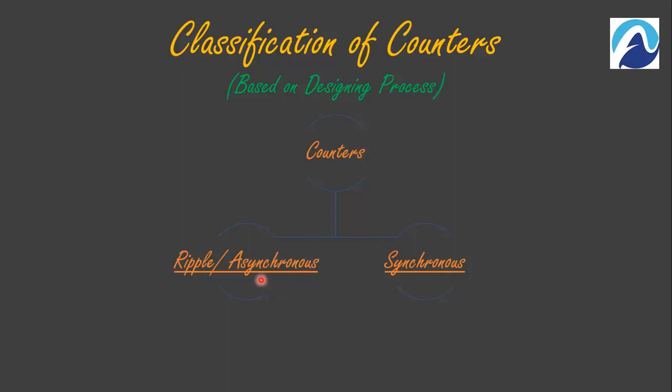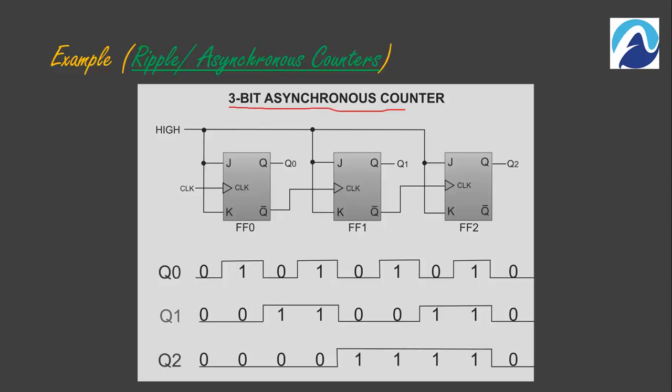So what is an asynchronous and what is a synchronous counter, we are going to see with the help of an example of a 3-bit asynchronous counter. We will see why it is called an asynchronous counter. In this case, I'm using 3 flip-flops because it is a 3-bit counter.